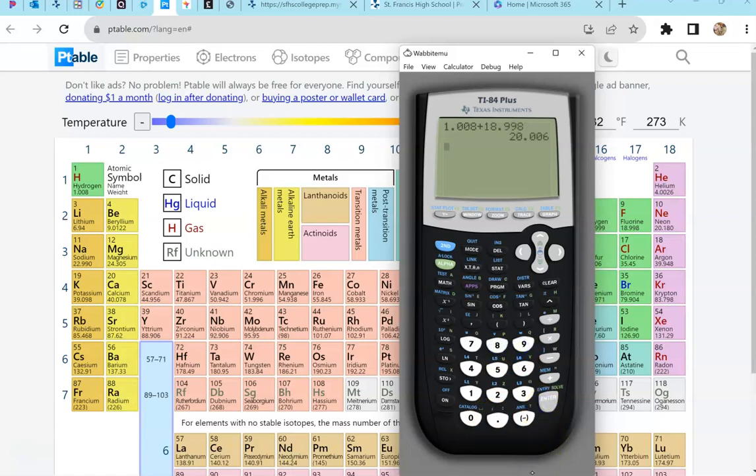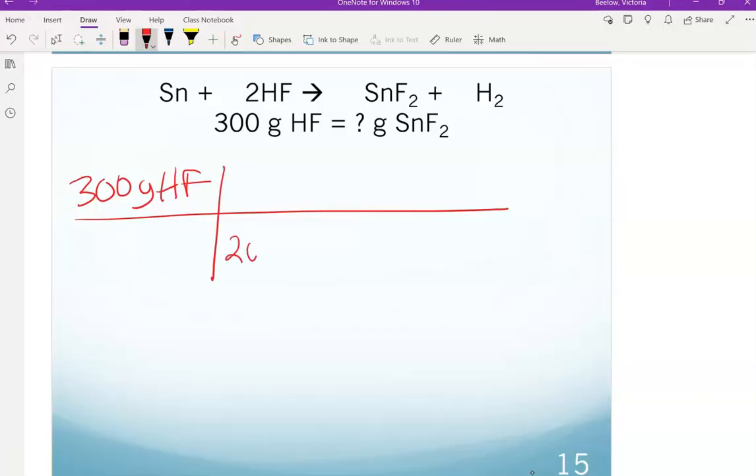So my molar mass is 20.006 grams of HF. Remember, this is molar mass, so this many grams is equal to 1 mole of HF. So all I've done so far is convert grams into moles by calculating the molar mass.